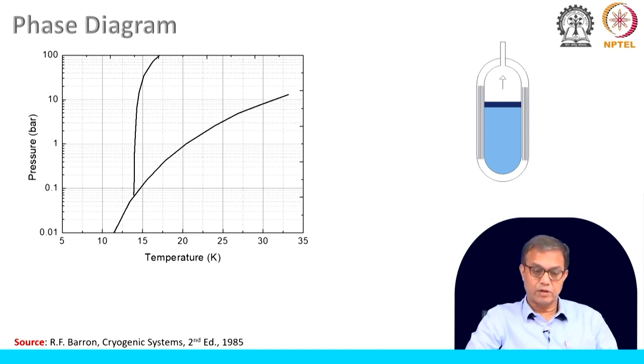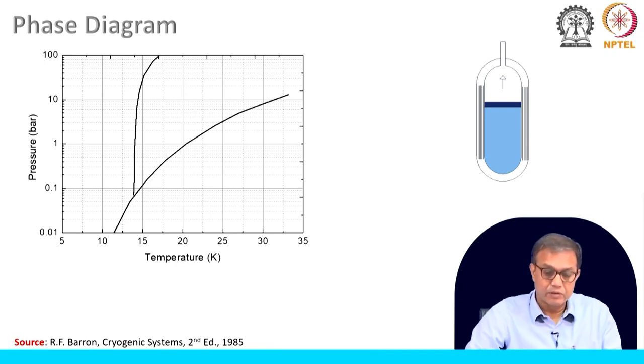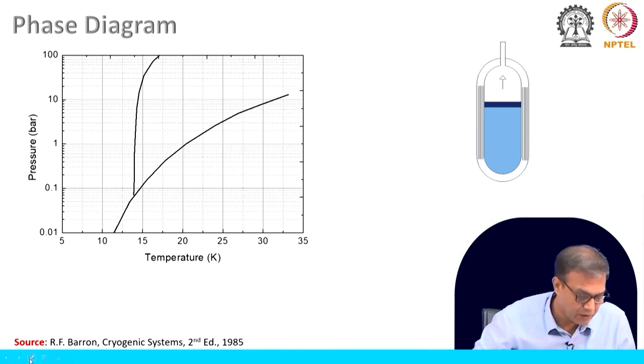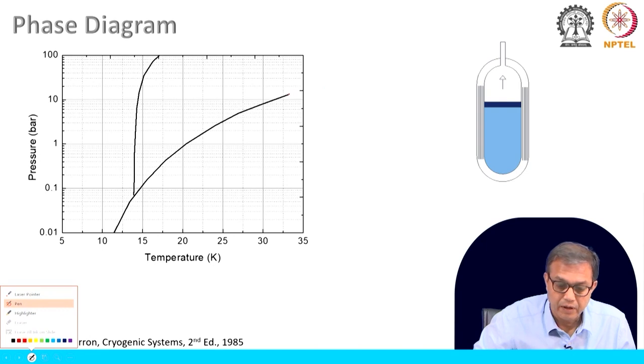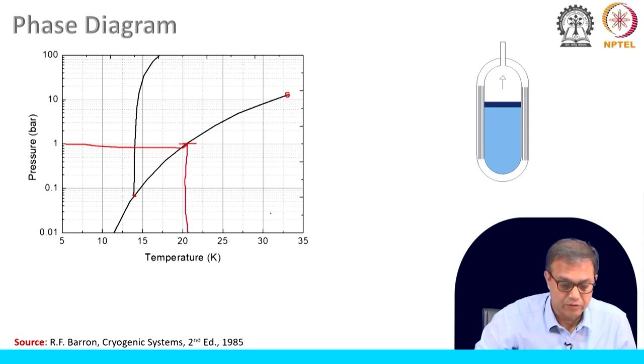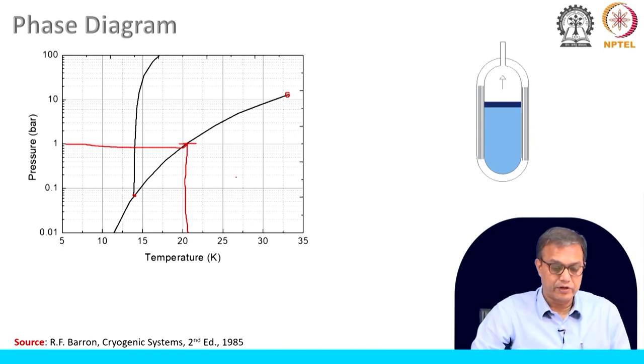So, in the phase diagram, this is the critical point and this is the triple point. If we have liquid at normal boiling point, that is at atmospheric pressure and at the corresponding 20.3 Kelvin temperature.